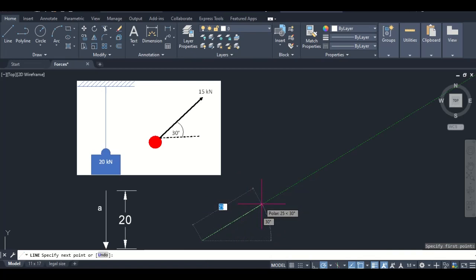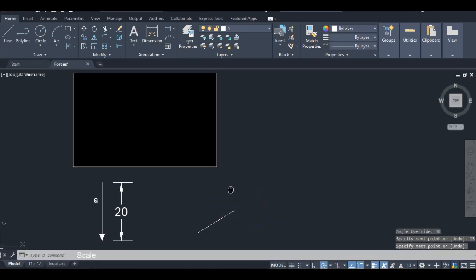And so then I could type in my 15, or I could have done the less than sign, which represents angle, and then type in the desired angle, seeing it here on screen, then press enter. And then I would get a line that is restricted to 30 degrees. Then now I type my length, 15, because I'm using a scale of 1 millimeter to 1 kilonewton. And that would be that.